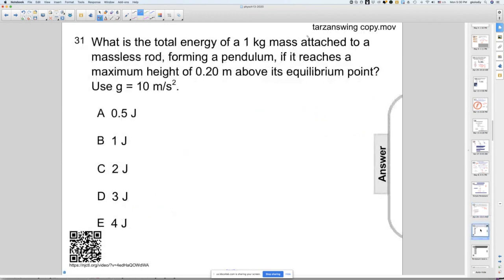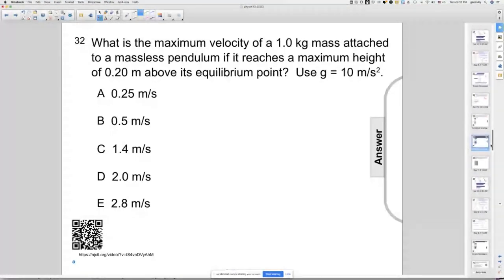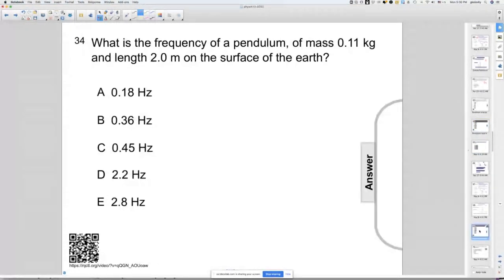So let's do a practice problem here. I'm going to skip a couple of problems because I want to get to the pendulum problems.